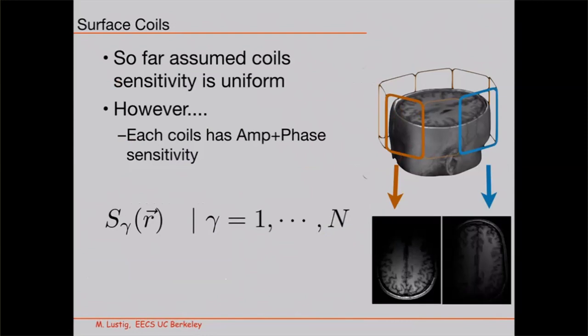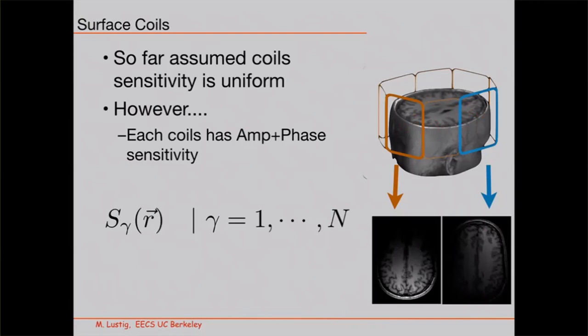Not exactly. At very low field, it follows exactly the Biot-Savart law, but it changes because when you put a head inside the coil, it loads the coil, so it's a little bit more complicated. And especially as you go to higher field, there are also dielectric effects and all that kind of stuff, but it approximately follows the Biot-Savart law in terms of the sensitivity.